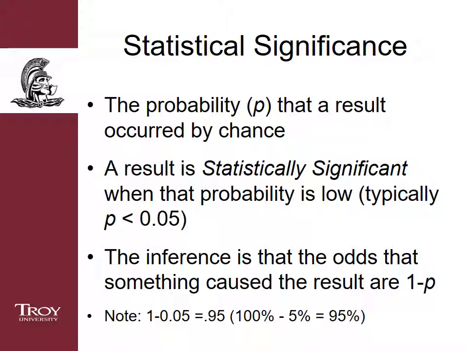The inference is, if there's a 5% chance that nothing's going on, then there's a 95% chance that something is, based on the arithmetic of 1 minus p: if there are two possibilities, and the probability of one is p, then the probability of the other is 1 minus p. And this is where we talk about 95% confidence. This is the sort of thing you hear a lot.